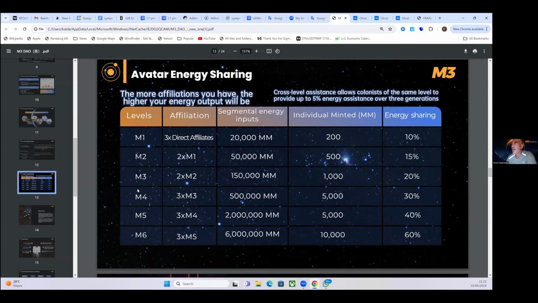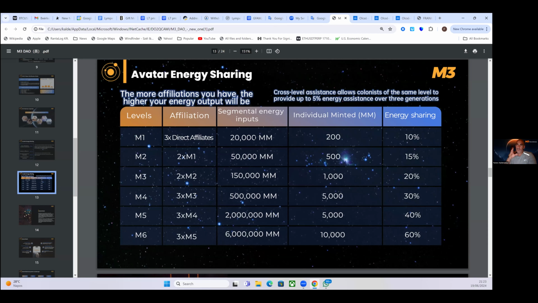Okay. So what I mean by rank: everyone who signs up and puts in at least 100 gets a code to sign up people, and this 100 avatar is already continuously working. To reach the first level, we call it M1, you need 3 direct affiliates and 20,000 volume on the weaker legs.